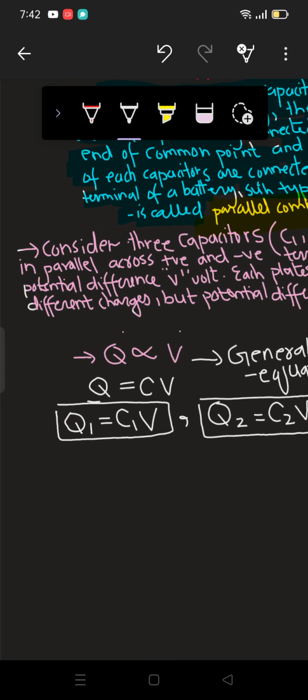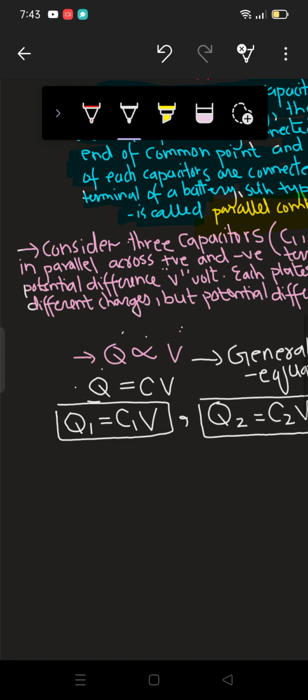We then wrote our general equation: the charge stored on the plate of a capacitor is directly proportional to the potential difference provided to it. Removing the proportionality sign, Q is equal to CV, where C is the capacitance of the capacitor.